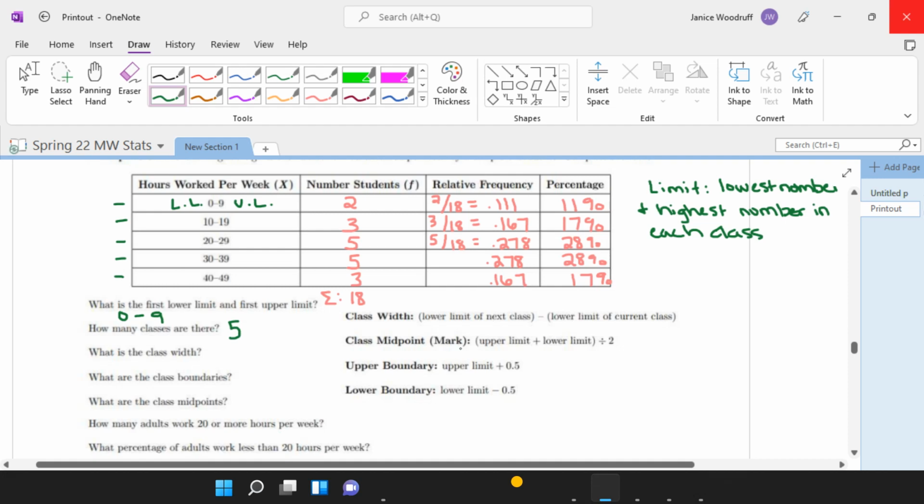Class width. So the class width sometimes can be confusing. When you're doing the class width, there's a formula for it. You're going to do the lower limit of class 2 minus the lower limit of class 1. Which means I'm doing 10 minus 0. So the class width here is 10.